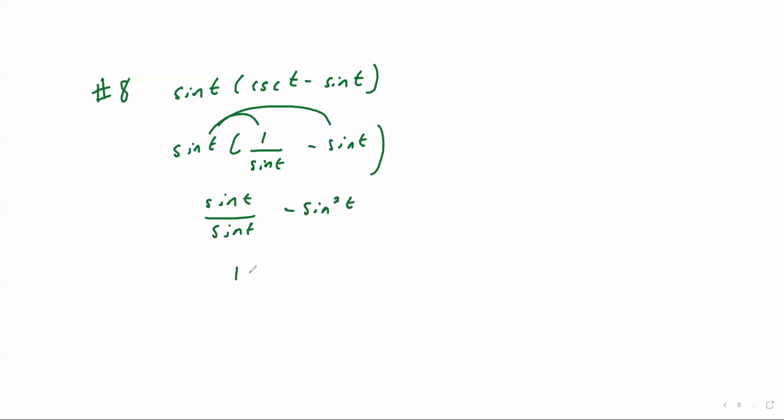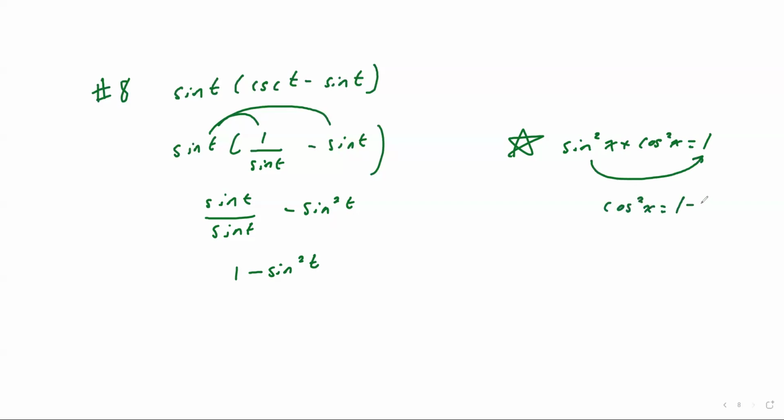This then produces 1 minus sine squared t. And again, manipulating the Pythagorean identity, I can move the sine squared over just as easily as I moved that cosine squared over in a previous problem to get 1 minus sine squared. So this whole thing right here is actually equal to cosine squared t.